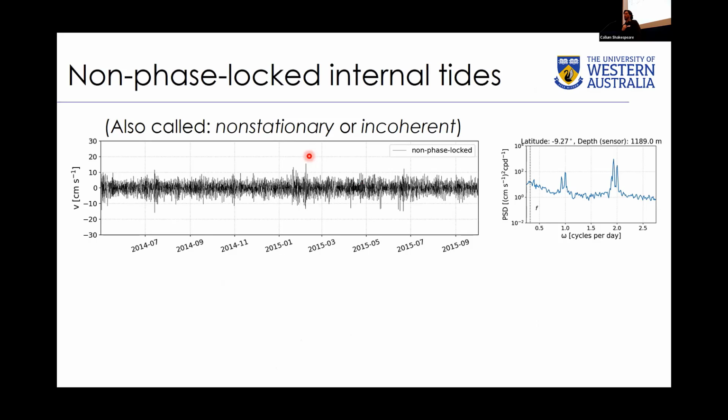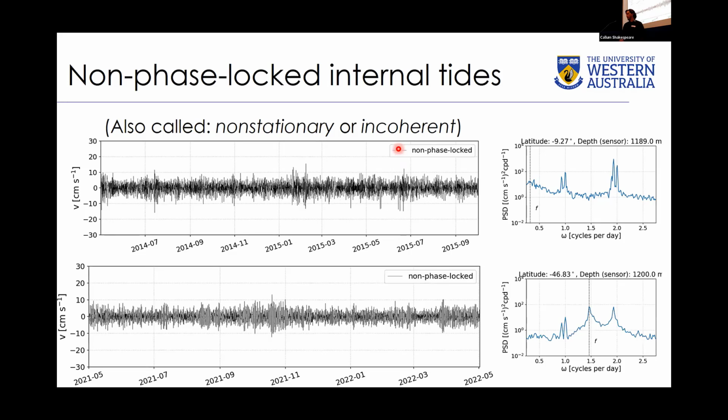So even though the signal's not predictable in the Southern Ocean, we'd still like to characterize what this non-phase locked signal is caused by, or how you characterize that non-phase locked signal, I should say.